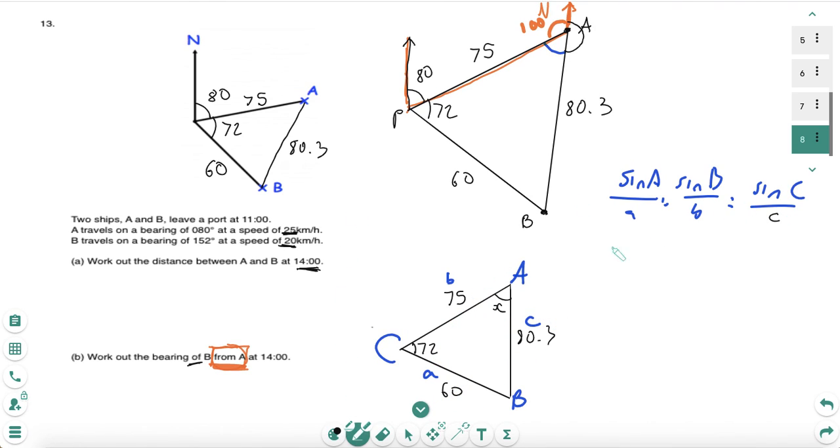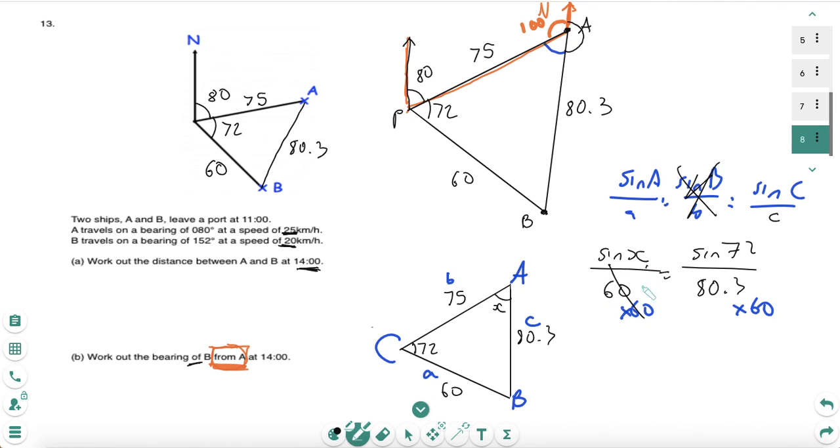So sine A, so angle A is X, over side A, which is 60, is equal to, we're not using B, sine C, angle C, which is 72, so sine 72, over side C, 80.3. Now, I'm trying to find sine X, so I want to isolate that. It's being divided by 60, so I'm going to times both sides by 60.